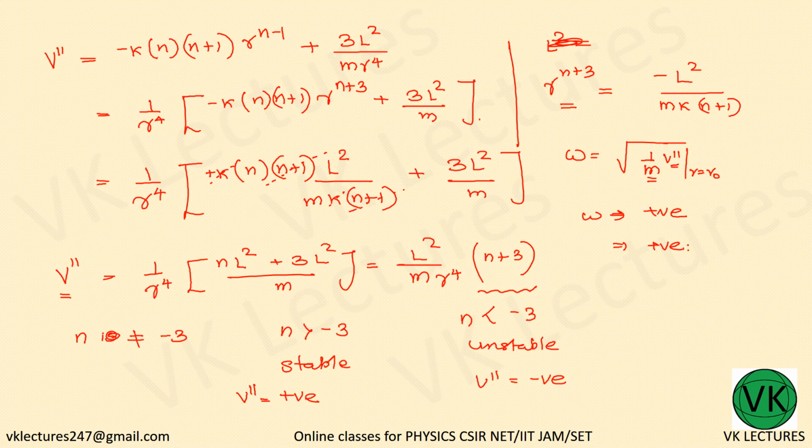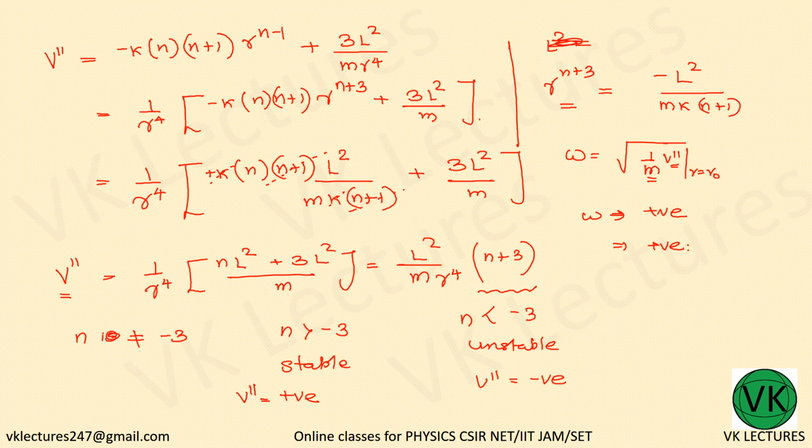So if n is less than minus 3, it is unstable. So for any value of n, this has to be greater than minus 3. Please remember, it is with respect to the force.